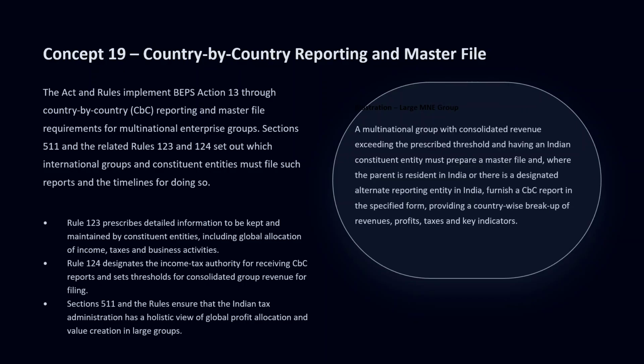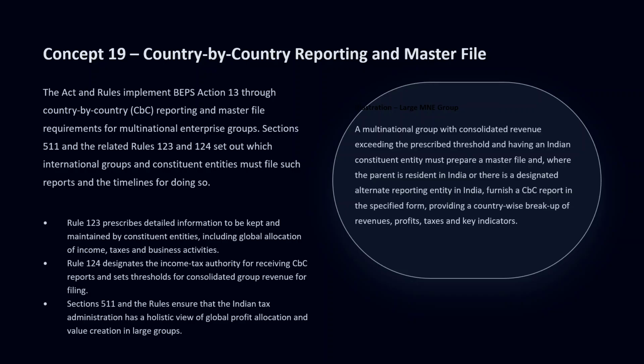So this is the concept of country by country reporting and the master file. Following the global base erosion and profit shifting project, which we call BEPS, India has implemented country by country reporting and master file requirements for large multinational enterprise groups.